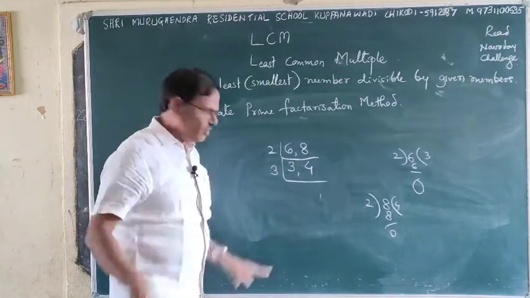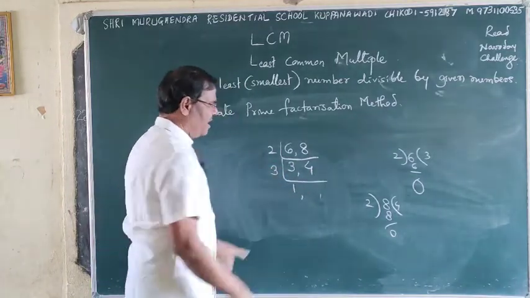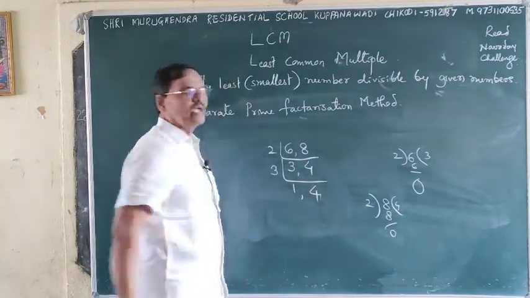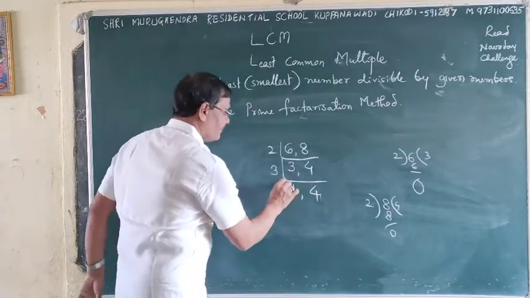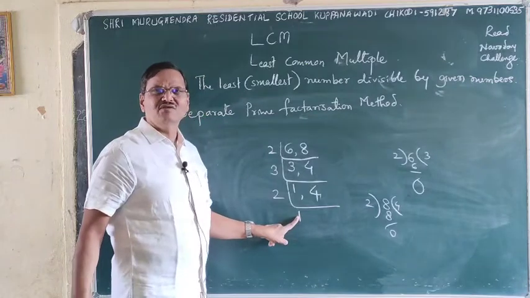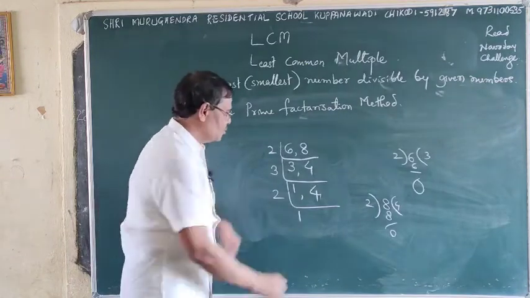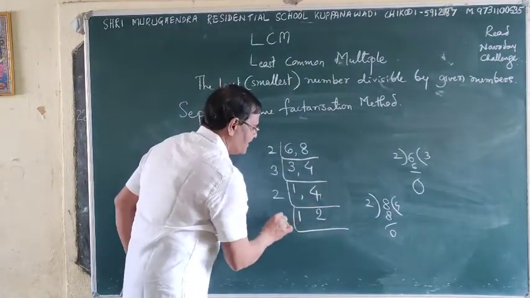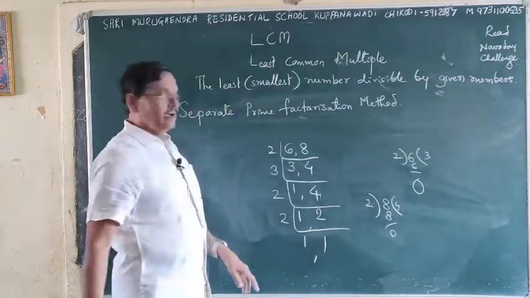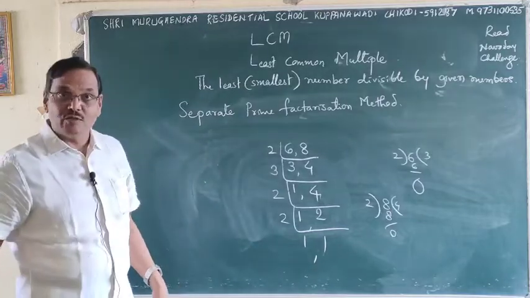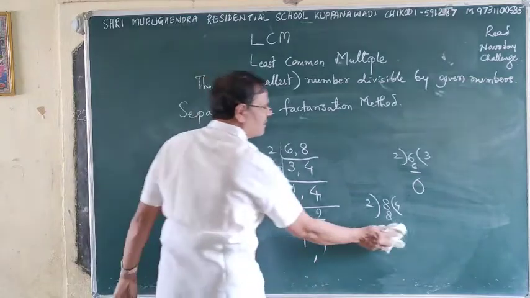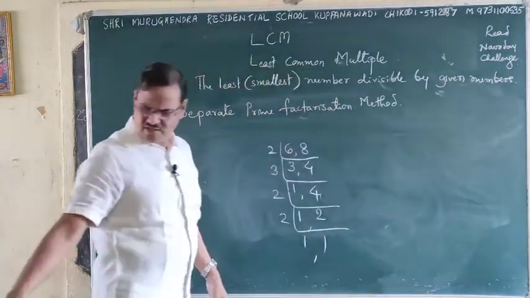3 is a prime number, so I am taking 3 1s are. Can you divide 4? No. So 4 should be kept as it is. Then for 1, it is taken as it is, because its work is finished. 2 2s are and 2 1s are. See. And how many factors did we get? Common and uncommon. Which are divided?